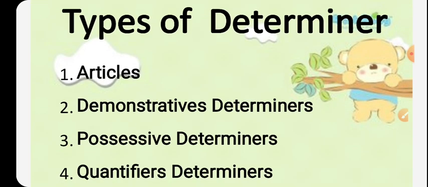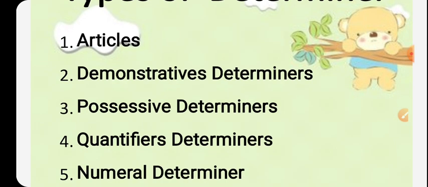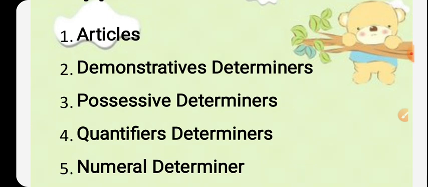So the types of determiners: they are articles, a and the, that is very much clear. Demonstrative determiners, like this pen, or those boys who are sitting in the tree.